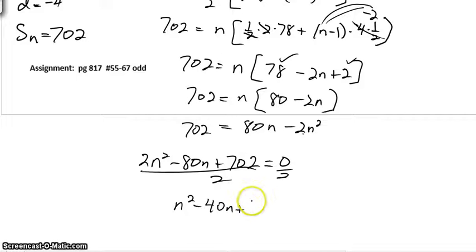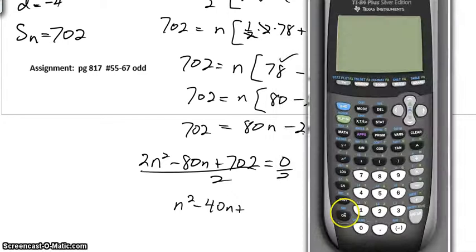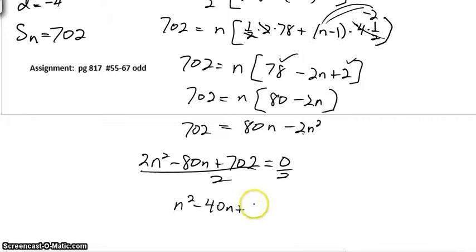Is that 3? 702 divided by 2, right? We could do that pretty quick, right? We know that's just 351. And then kids can hit the panic button. They're like, oh my gosh. What do I do?